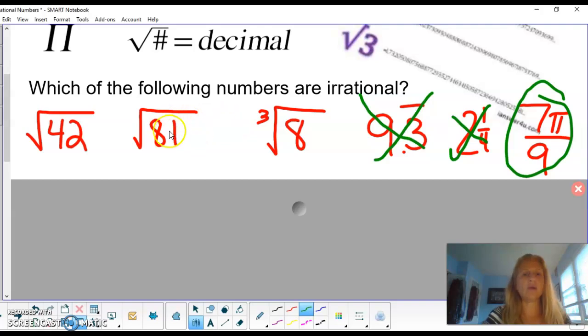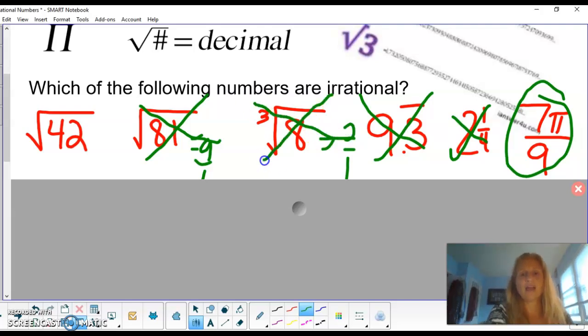So we have the square root of 81. Well, we all should know what the square root of 81 is: 9. And 9 over 1 is a fraction, rational. If I put the cube root of 8 in a calculator, I'm going to get an answer of 2, which is 2 over 1, written as a fraction, rational.